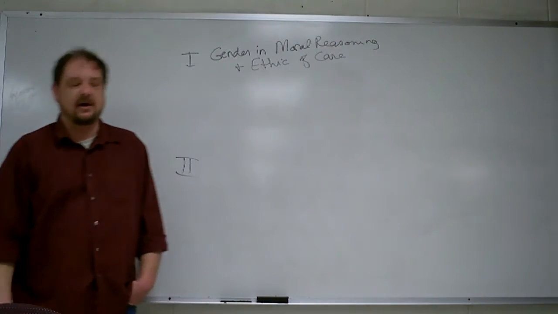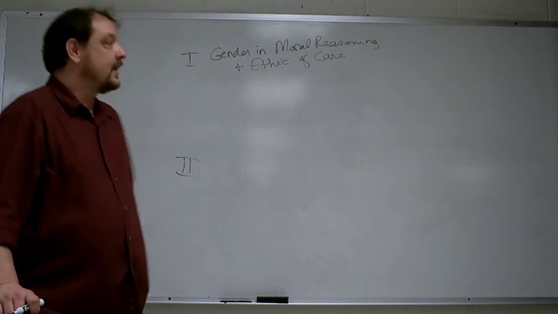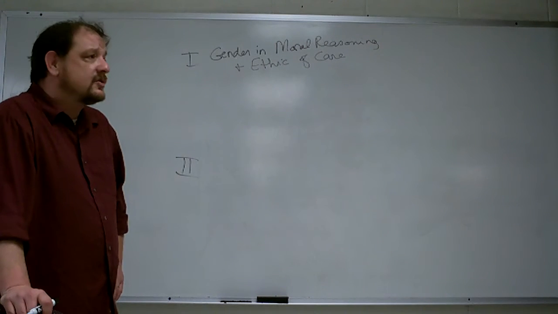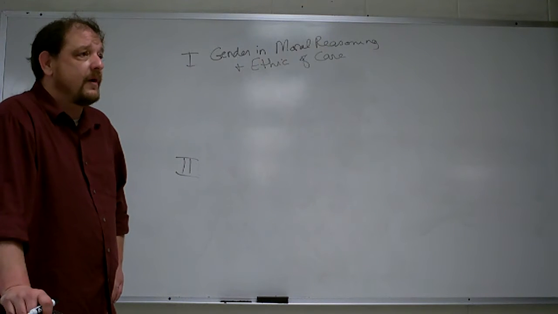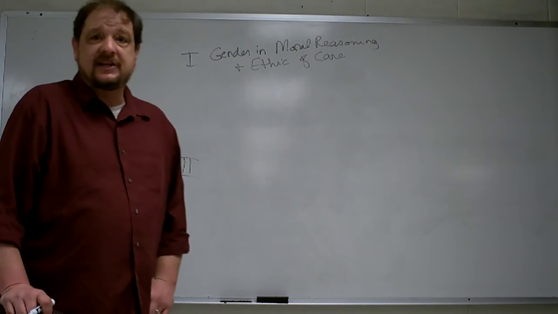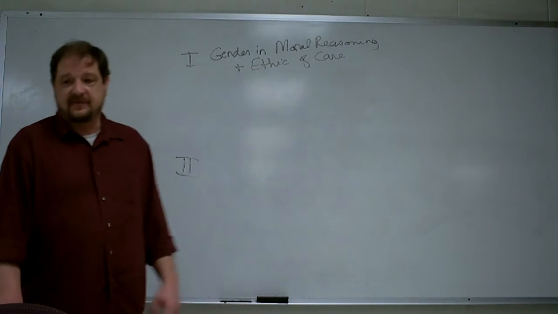It's probably ethics of care. I have ethic of care, whatever, it doesn't matter. So they're going to talk to us about how gender identity, I guess, masculine and feminine perspectives, relates to what they're calling an ethic or ethics of care.